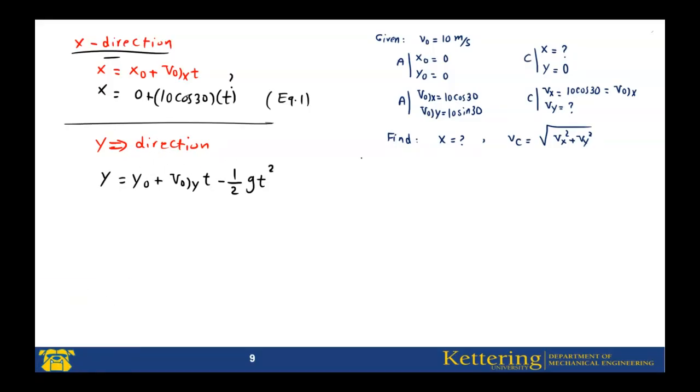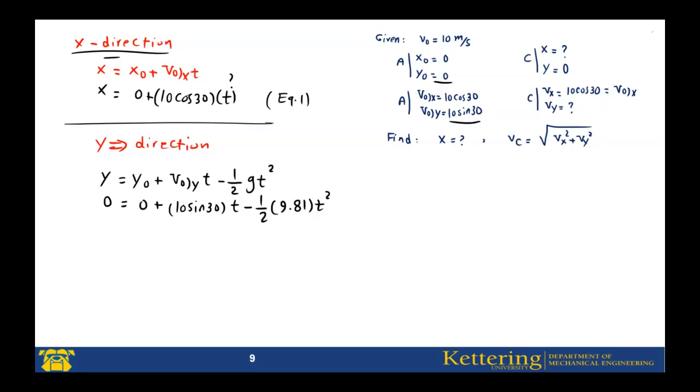Now, from this equation, y is 0, y0 is 0, plus V0y is 10 sine 30 multiplied by time, minus 1 over 2 g, g is 9.81, t squared. This is a polynomial equation.